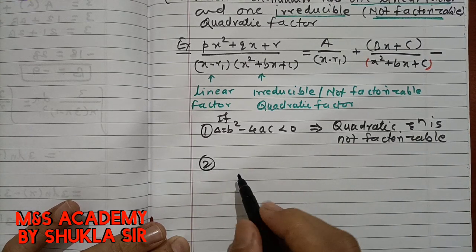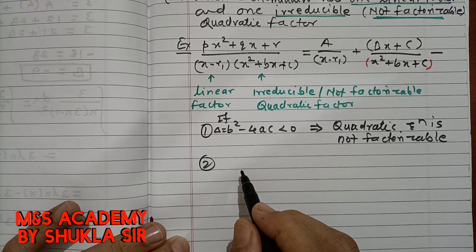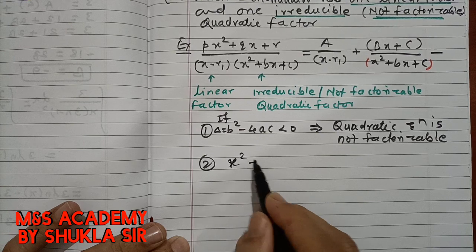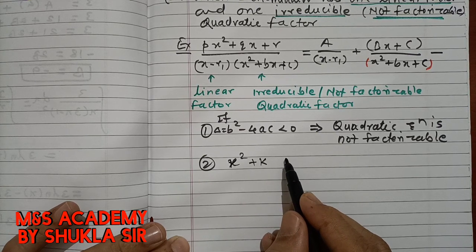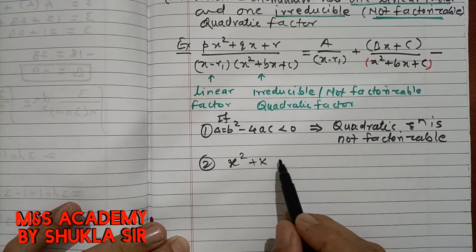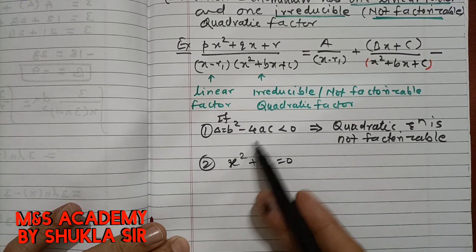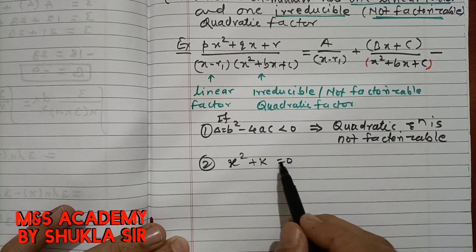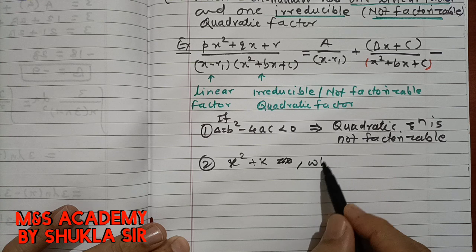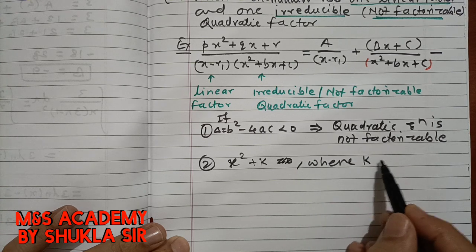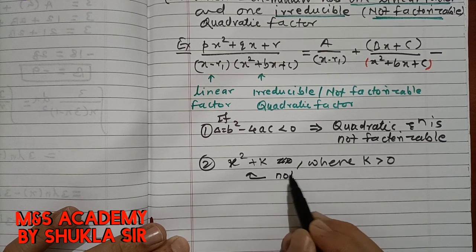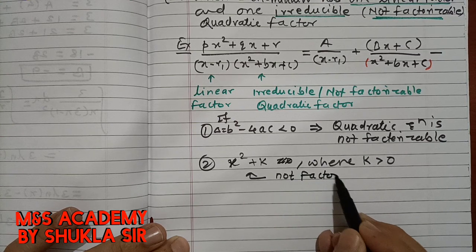Another way: x square plus k, not necessarily equal to 0, where k is always greater than 0. So this is also not factorizable.